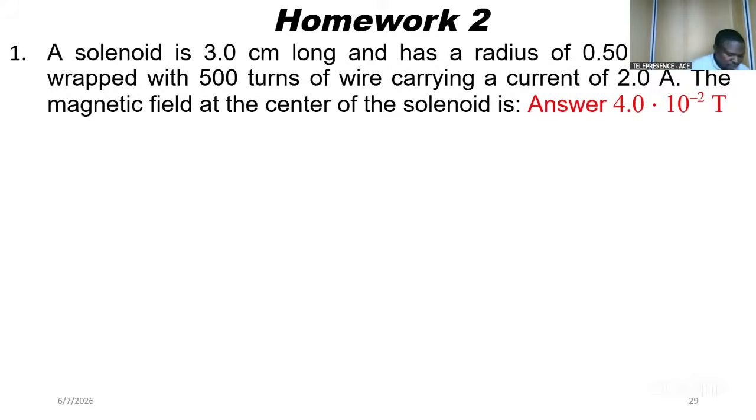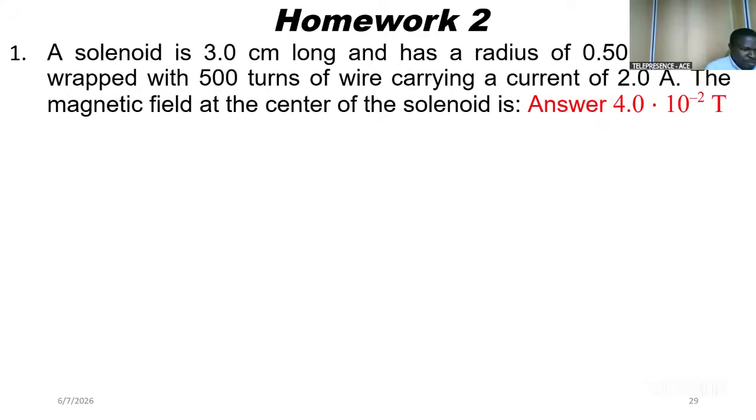If you look at homework 2, I said a solenoid of 3 centimeters long has a radius of 0.5 centimeter. It is wrapped with 500 turns of wire carrying a current of 2.0 ampere. The magnetic field at the center of the solenoid is what?